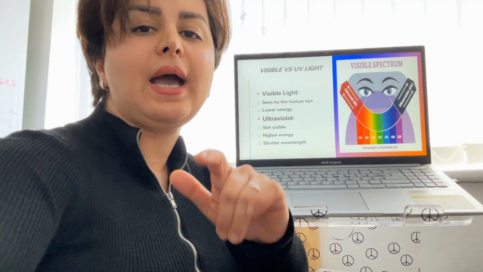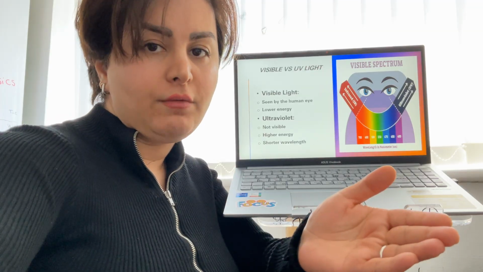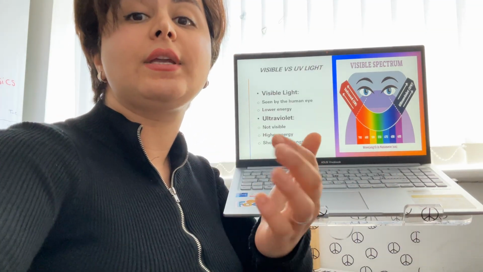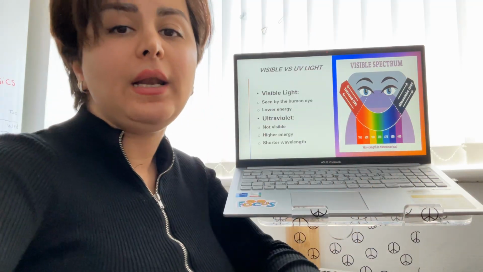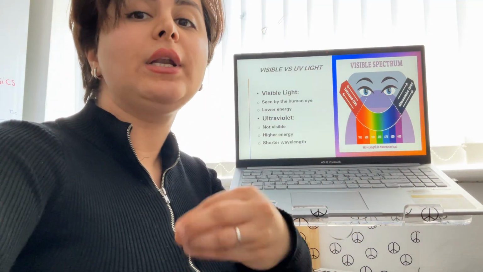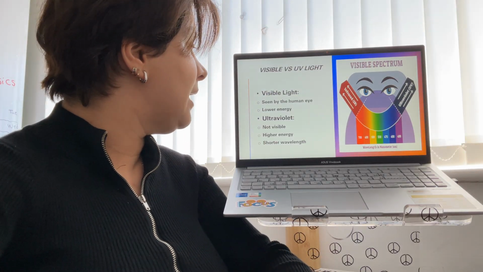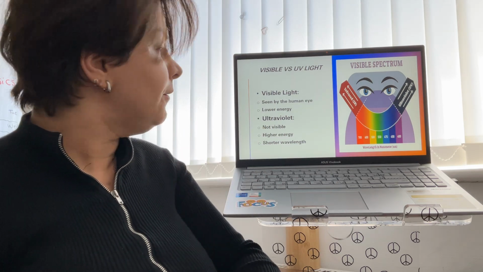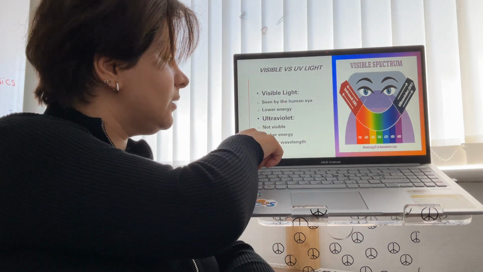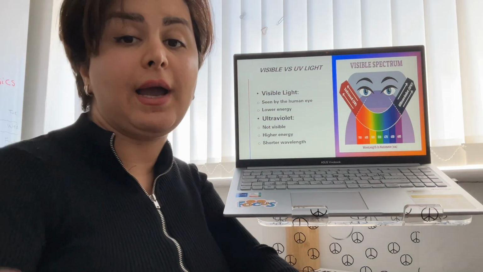UV radiation has a shorter wavelength and higher energy, which means it can cause chemical changes. But visible light is generally less harmful. And so, as you can see, this one has lower energy and this one has higher energy, the ultraviolet one.